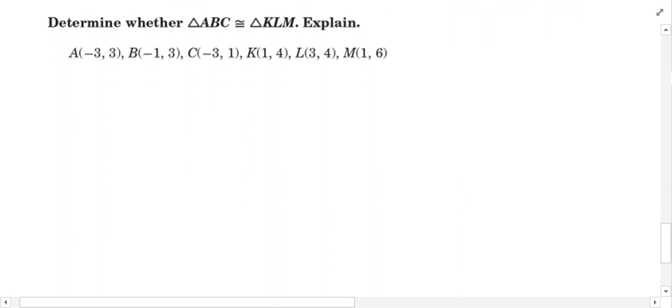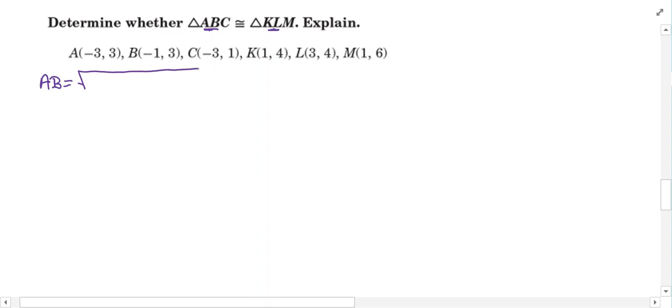Here we have to determine whether triangle ABC is congruent to triangle KLM. We can't do it with angles, so the only choice we have is to show that the three sets of sides are congruent. So I look at AB and KL first, using the distance formula.